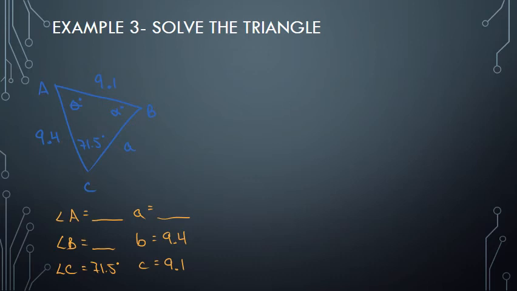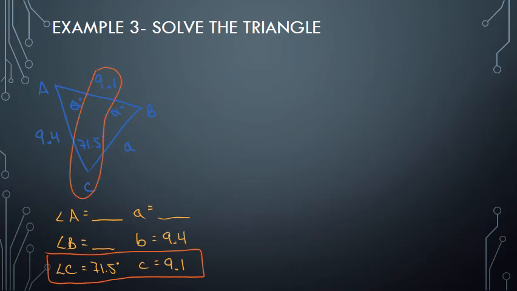All right, so we need to have a completed row. Okay, we do, so we're good to go. If you see the row, we know we have sine law. If you're not using this little row technique, you can just go to your picture and see, oh yeah, I have my angle and the side opposite it, so I'm good to go.